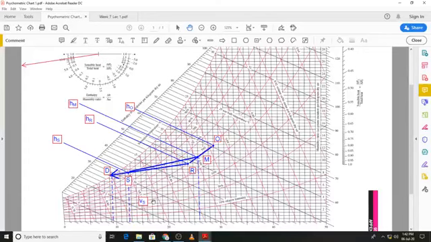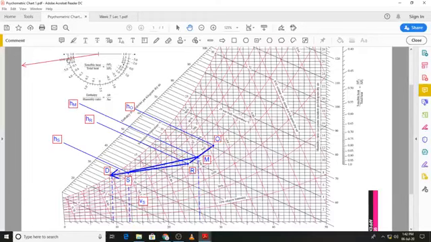So what I did is, first I went to the protractor and I drew a sensible heat factor line which corresponds to the conditioned space, that is the space condition line, which has a value of 0.783.